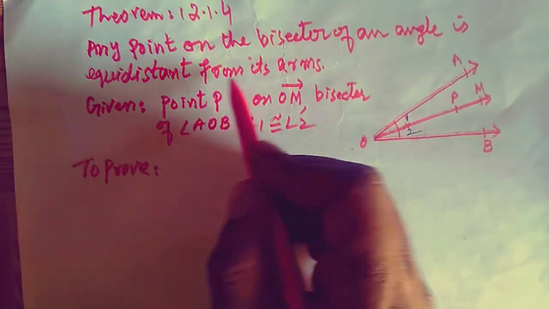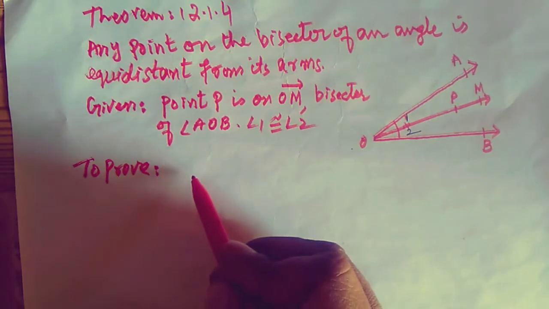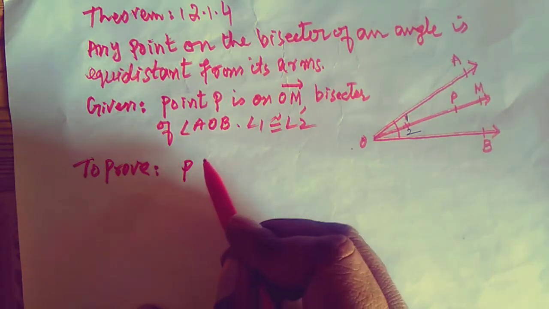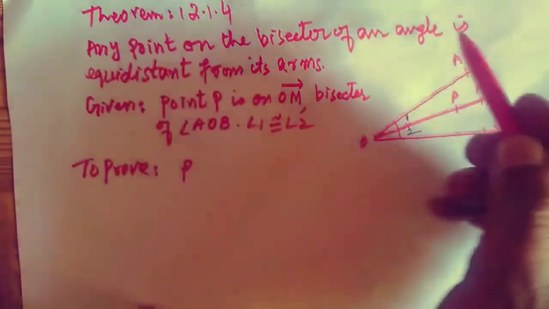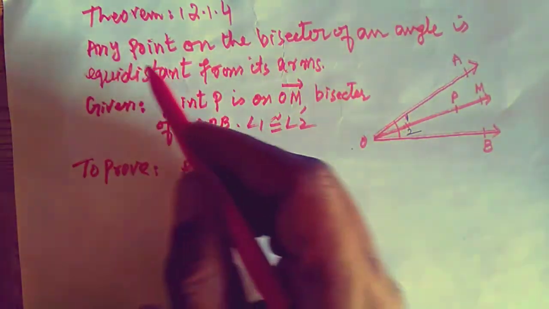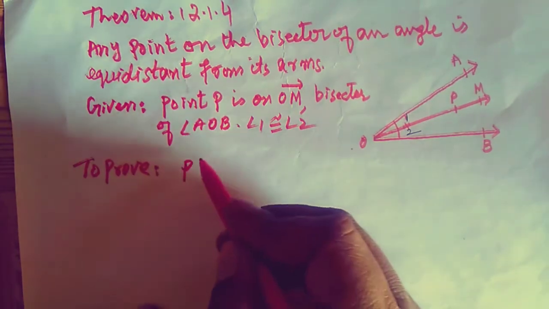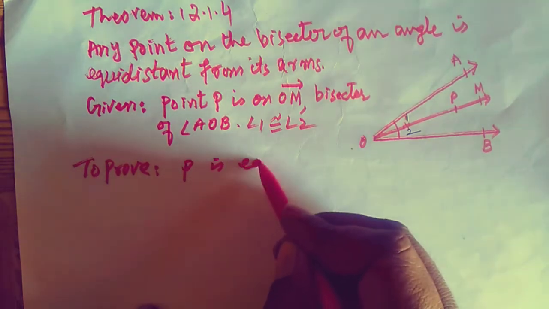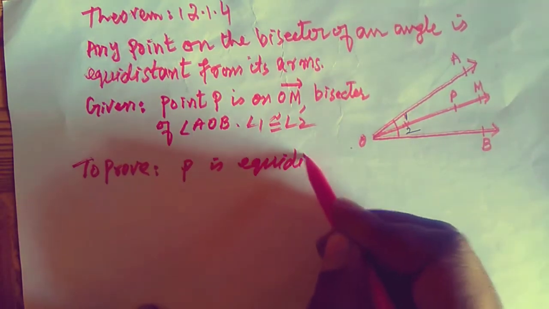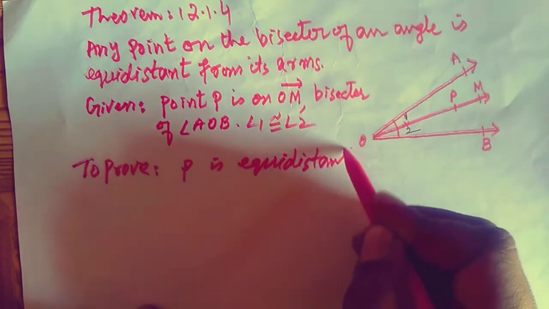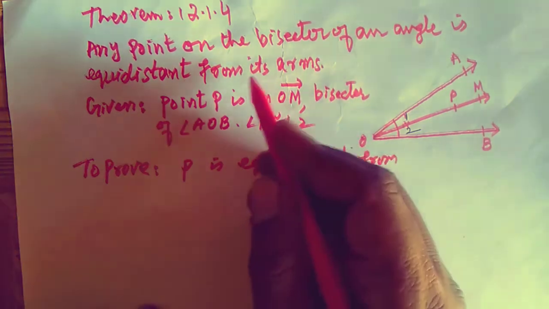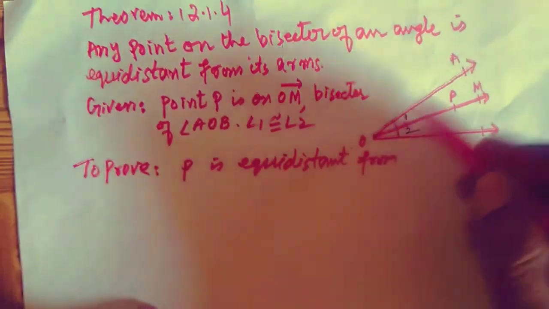Point P is equidistant from its arms. Any point means point P. P is equidistant from its arms, meaning OA and OB.